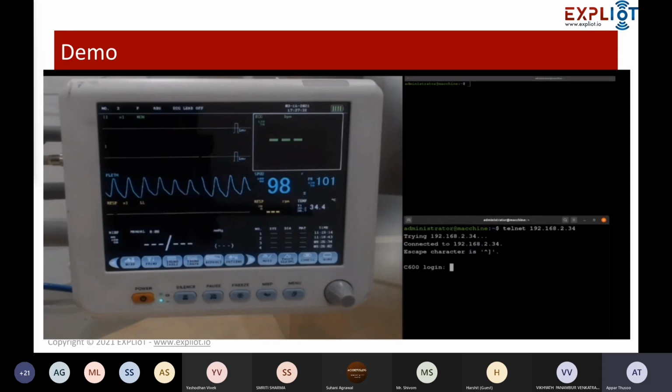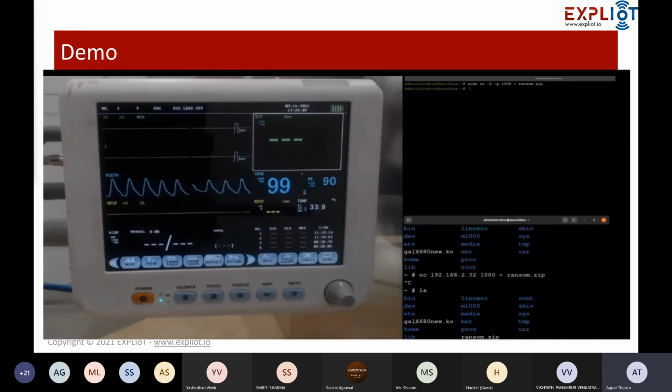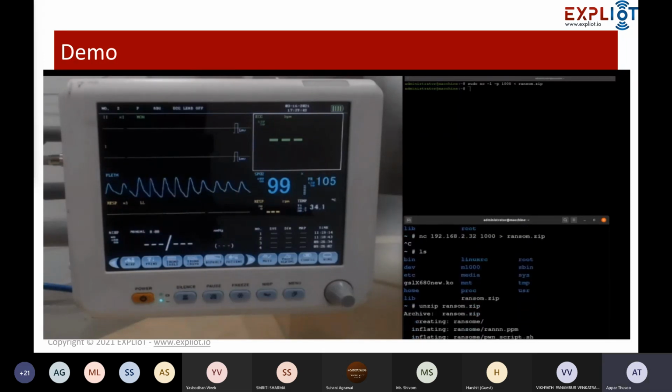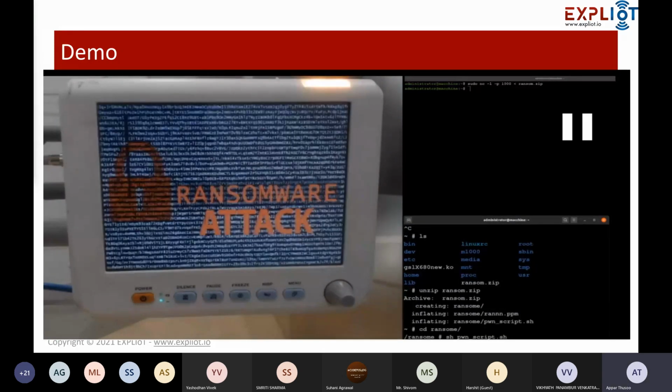Here the attacker was able to log in using default credentials, which was root. Then the attacker drops a ransom binary onto this device, opens the zip file and executes the shell script in order to install the ransomware.